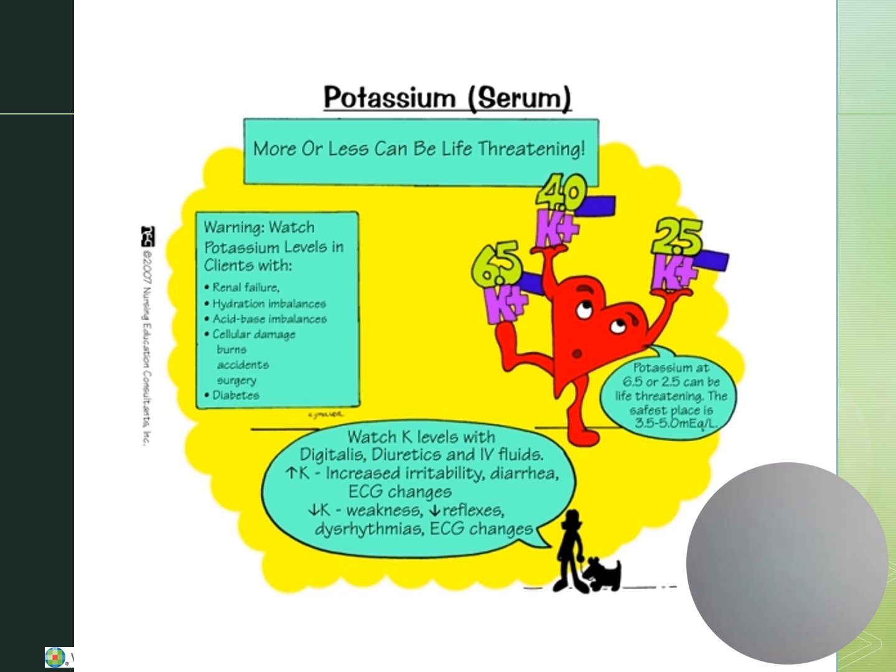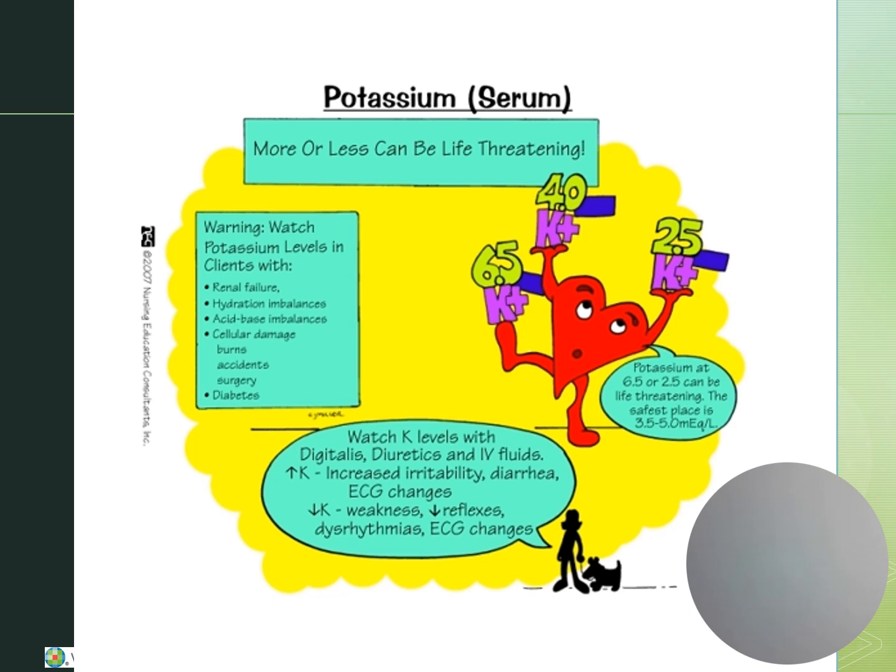One thing I really want you to remember about potassium is if our potassium level is too high or our potassium level is too low, this can potentially cause life-threatening cardiac dysrhythmias.